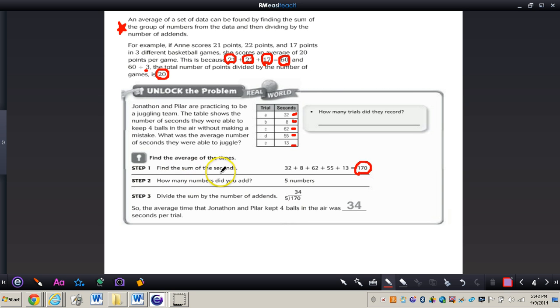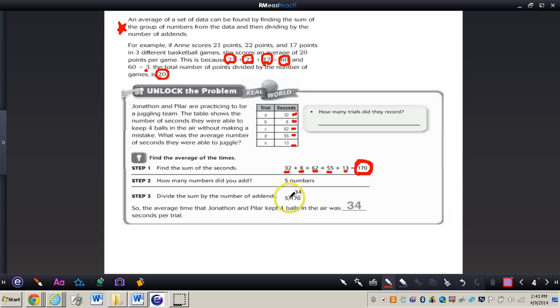Now how many numbers did you add? We can see that there were 5 different numbers that we added together: 1, 2, 3, 4, 5. So what we do is we take the sum and we divide it by however many add-ins we have, or however many numbers we have, which is 5.